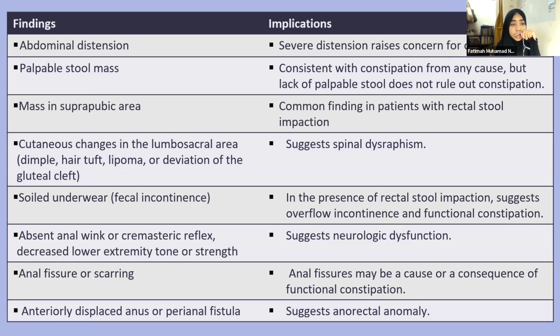Also do the anal wink and cremasteric reflex, because we need to also rule out neurologic dysfunction. And as I said earlier, look for any presence of fissures, any scarring, okay? And also look for any displacement of the anus or any perianal fistula.